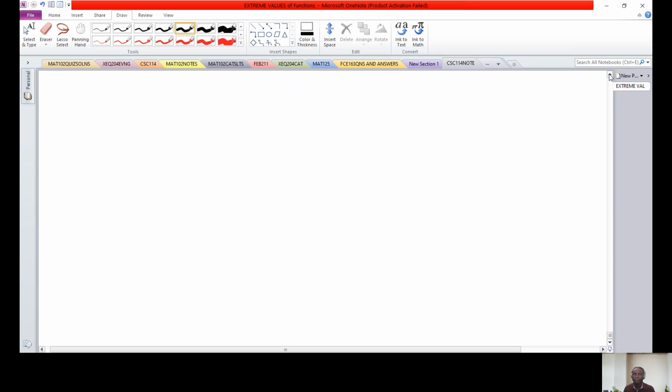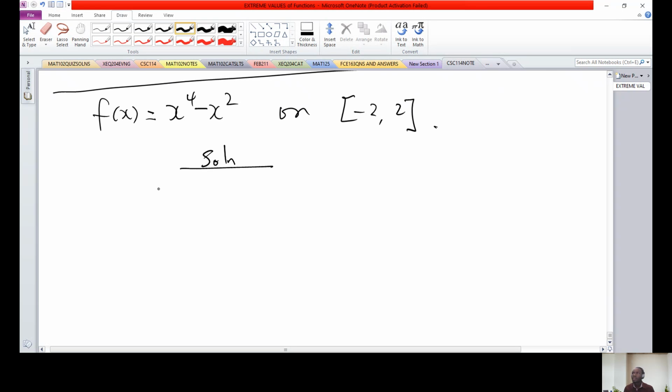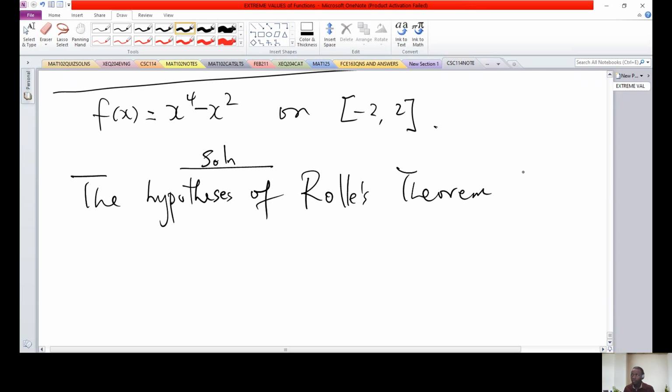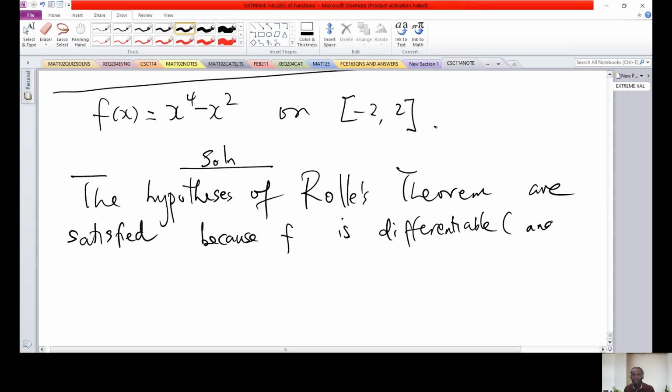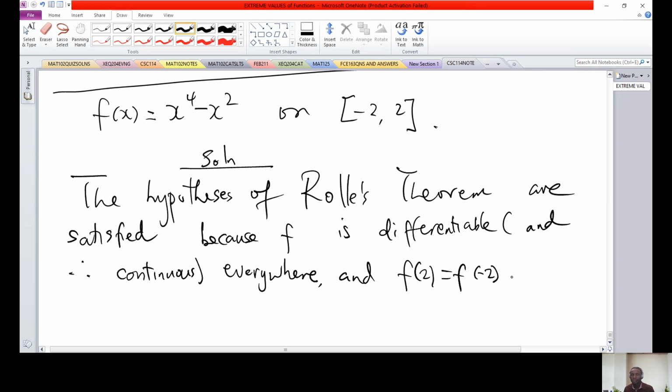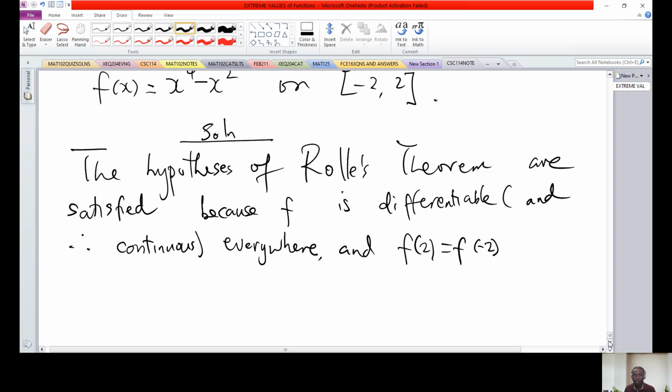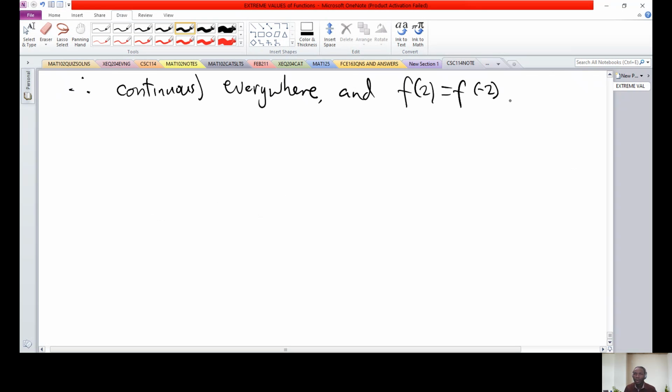So for this problem, solution, the hypothesis of Rolle's theorem are satisfied because f is differentiable and therefore continuous everywhere, and f of 2 is the same as f of minus 2, which is given by 12.